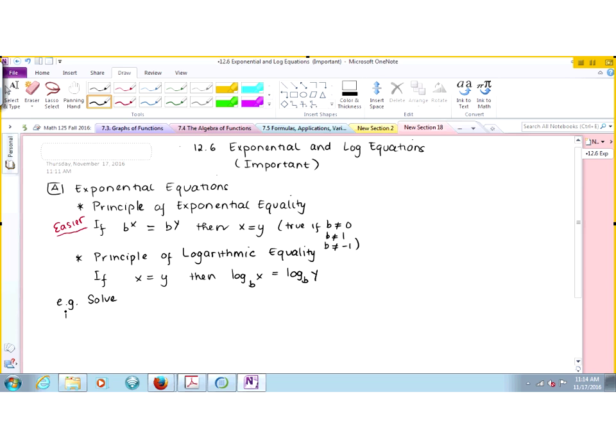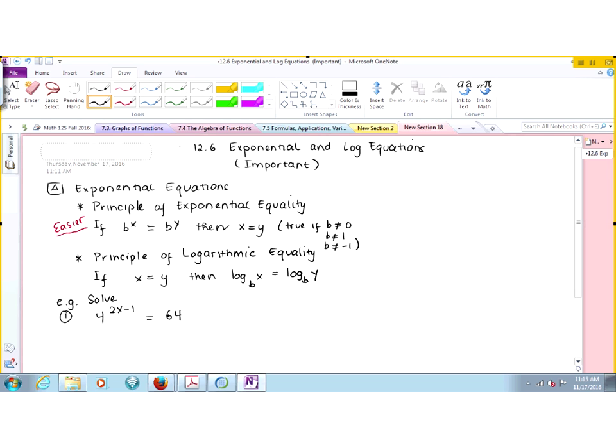So for example, let's solve number 1. 4 raised to the 2x minus 2 is equal to 64. I have to see first. Can I write both using base 4? Can I write 64 using base 4?